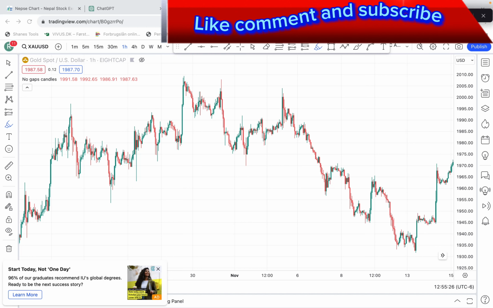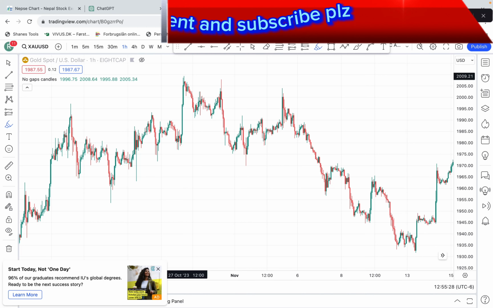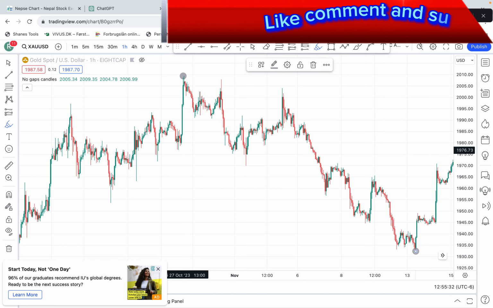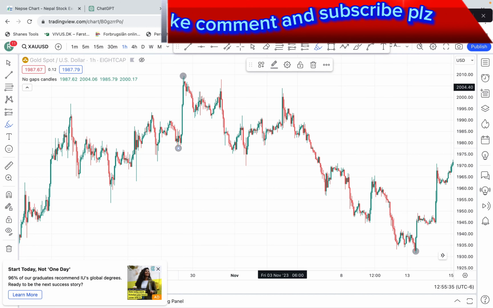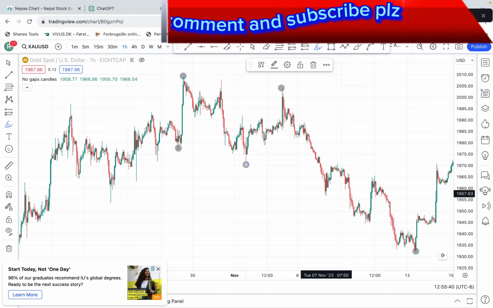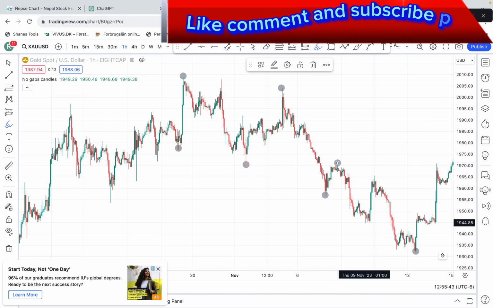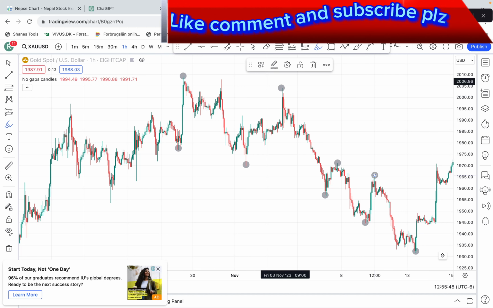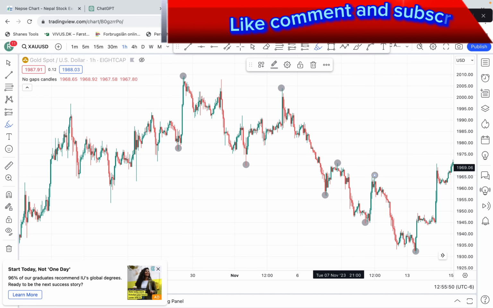And you can see the market is in the bearish trend from this level to this level. So we mark the structure on the basis of it, and this is the hourly chart, you can see. Here you can see the market makes lower lows and lower highs, and again makes lower lows and lower highs.